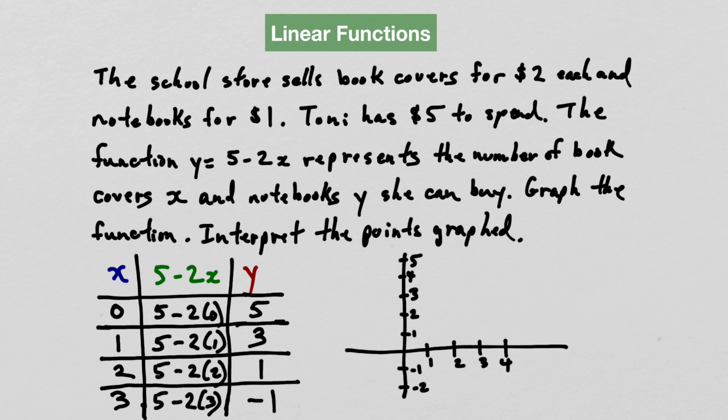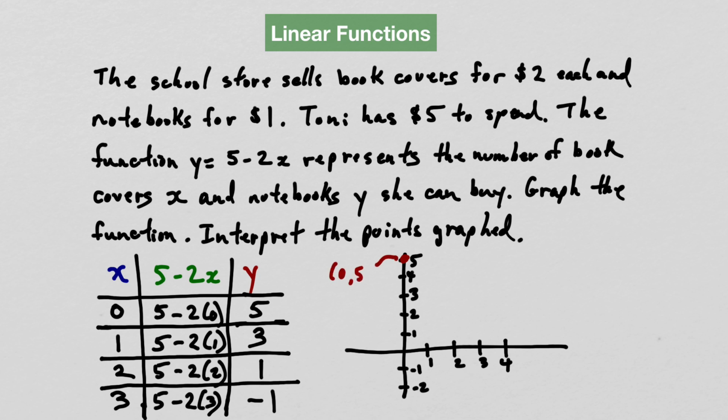Because we have 0 under the x with a corresponding 5 under the y. So the first point we're going to plot is 0, 5, which is right up here.